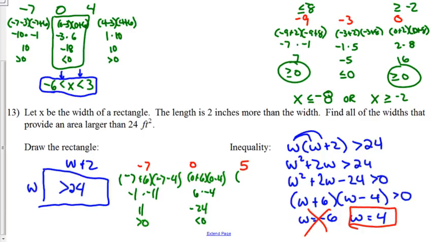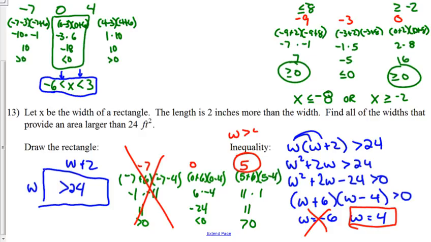And then we'll plug 5 in. That gives me a number that's greater than 0. Okay, so remember now, this one is not one that we will be focused on. So we want numbers that are bigger than 0, and that'll give us this region that is greater than 4. So we're looking for widths that are greater than 4 as our answer.